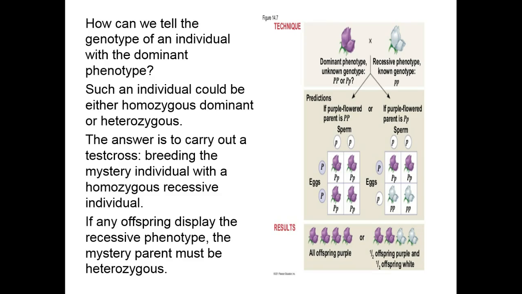And then if the egg is heterozygous, so big P, little p, and you have your recessive little p, you're going to have a 50-50 ratio with regard to that. So the results will tell you what the mystery plant must have been in terms of its genotype.